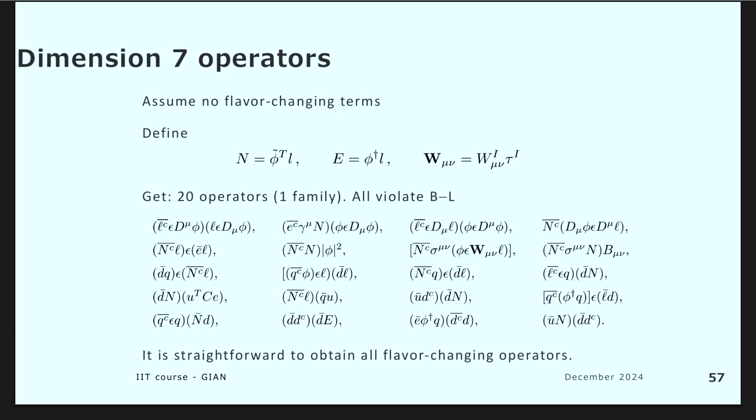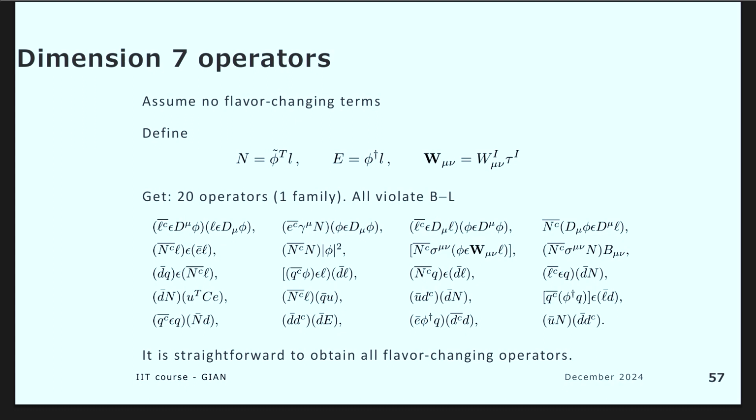And this is kind of a pattern that repeats. The dimension 5 is 1, dimension 6 is 60. Dimension 7 is 20. Dimension 8 is very many. When the dimension is 9, it's not very, very many, but just many.